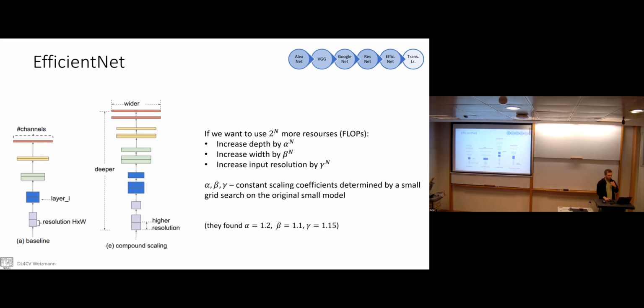And they found, just empirically, by this grid search, these coefficients of alpha, beta, and gamma, which they can apply later for scaling to much more resources. For example, now we have 4 times more of the resources, so n is equal to 2. Then you'll multiply your depth by alpha to the power of 2, beta to the power of 2, and gamma to the power of 2. So this actually allowed them to scale pretty well with this simple rule.